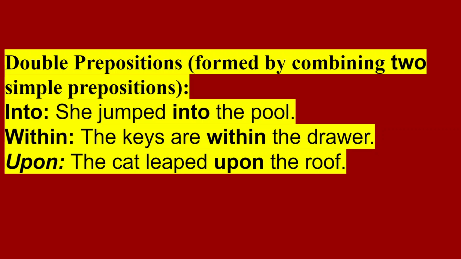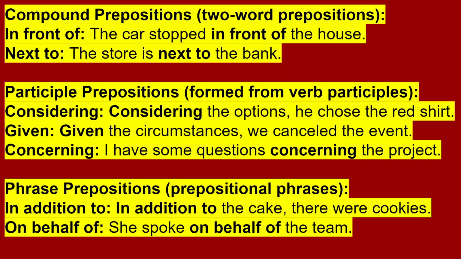Next, compound prepositions, two-word prepositions. In front of. The car stopped in front of the house. In front of the building, in front of the church. Next to, the store is next to the bank. Next to a park. Next to my house.